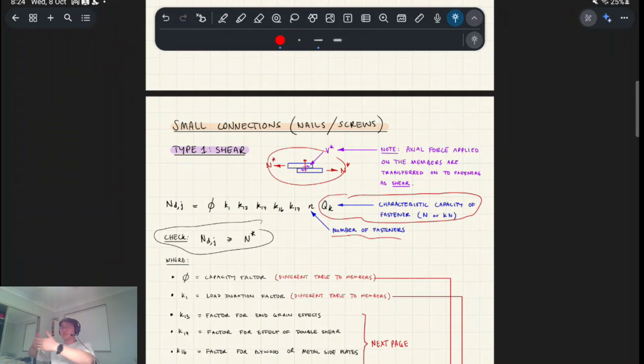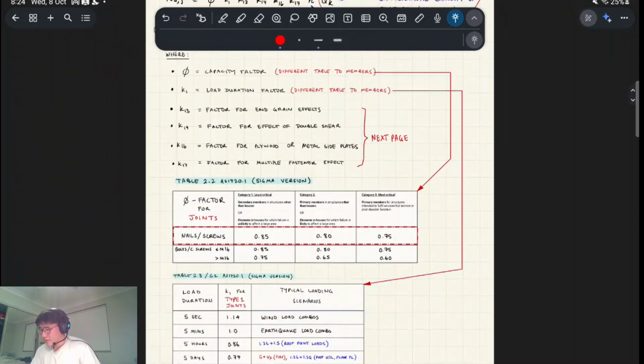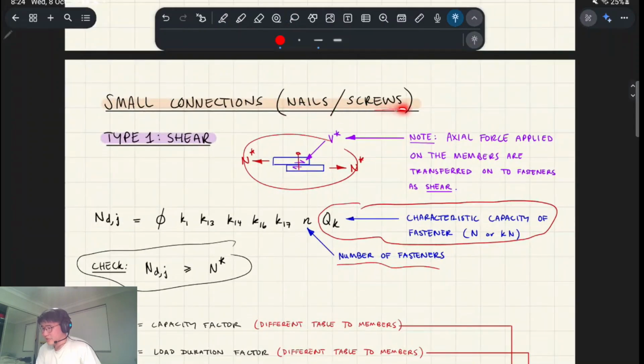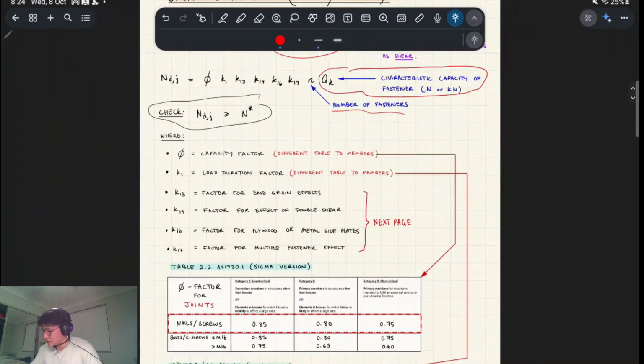But if you're doing a bolts question, you have a slightly different variation. Now, how the code organizes is very annoying because you jump back and forth just for one question. It's really stupid. So it's better, in my opinion, to have everything laid out for the type of question you're doing, right? So that's how I decided to arrange it. And so specifically, if we're doing a nails or screws question in shear, this is the part of my cheat sheet that you would reference, right?